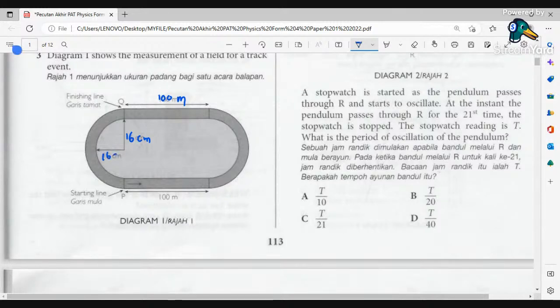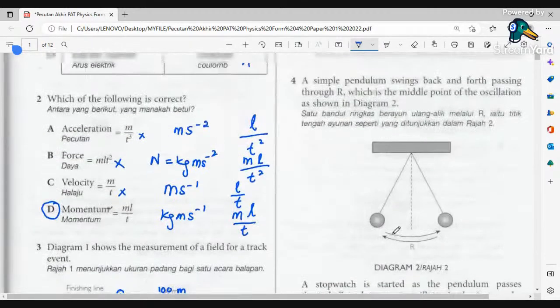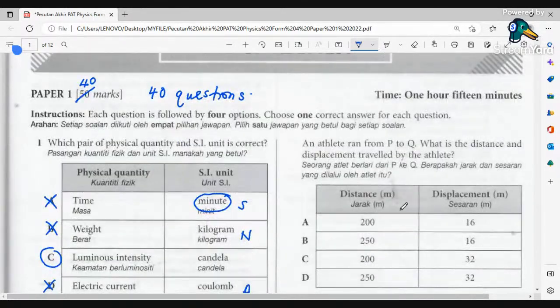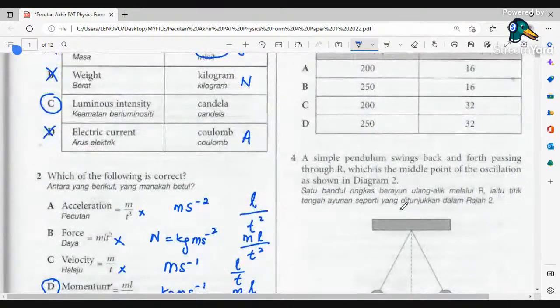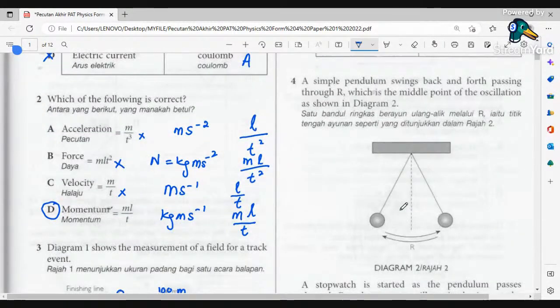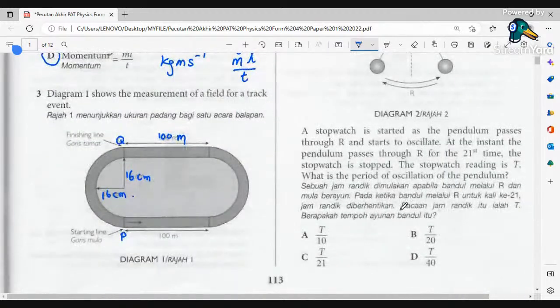You can see the starting point P and the finishing line Q. The question is, an athlete ran from P to Q. What is the distance and displacement?